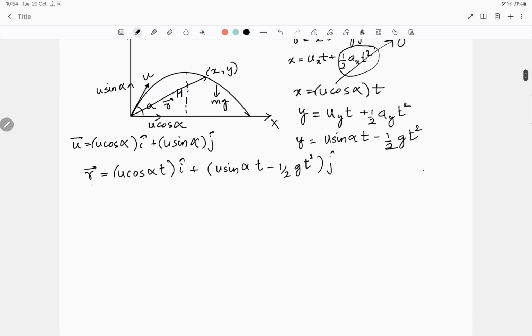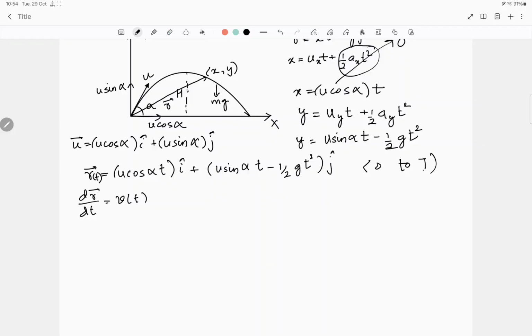When we differentiate this, we get velocity as a function of time. Remember, this is the position vector as a function of time. If we put time from 0 to the time of flight, we get all the points on the curve.